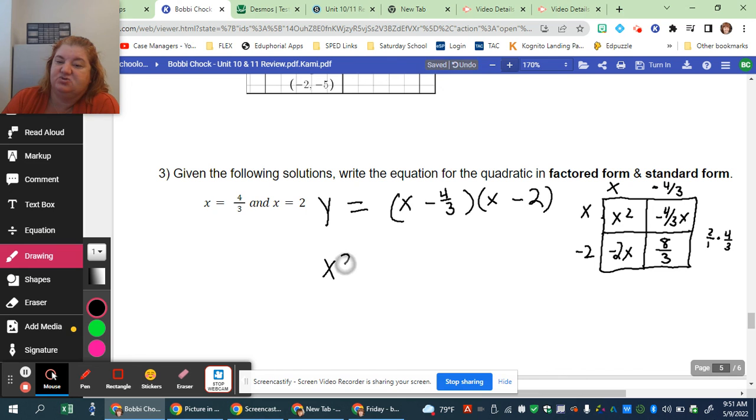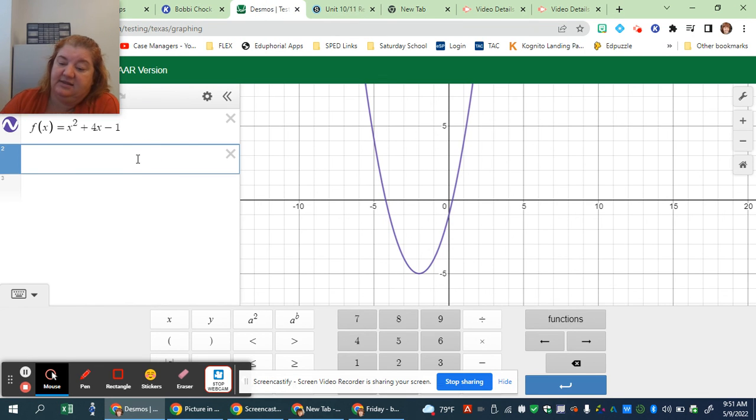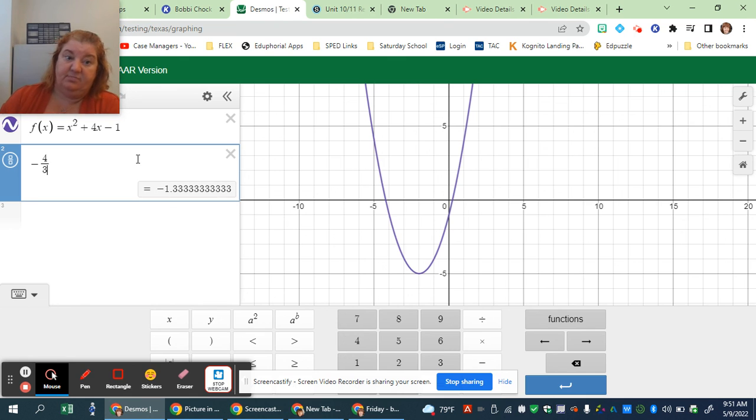So we have x squared. Okay, merge these two together. Now, if you don't know how to merge those two together, go -4/3 plus a -2.